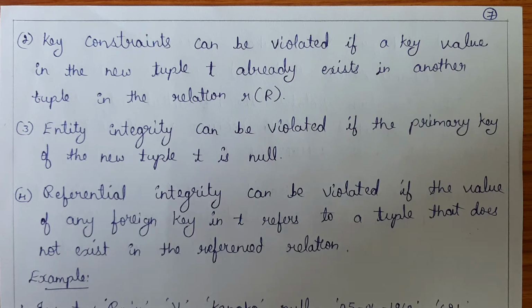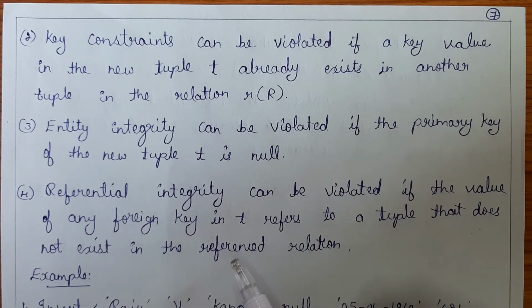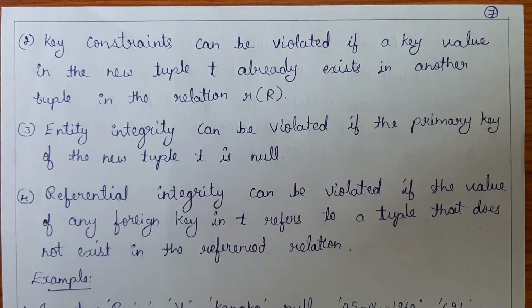Next, referential integrity. Referential integrity can be violated if the value of any foreign key in T refers to a tuple that does not exist in the referenced relation. Referential integrity is nothing but the foreign key, where we refer from one table to another table. If the main table does not contain the value, how can the foreign key exist?